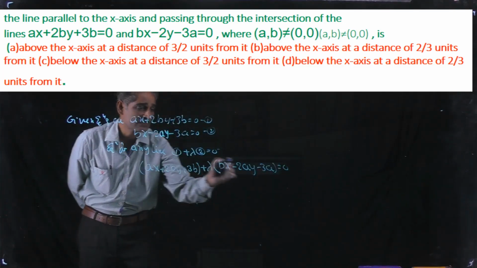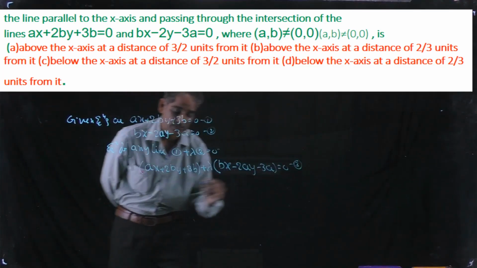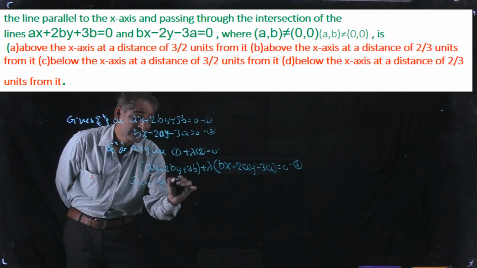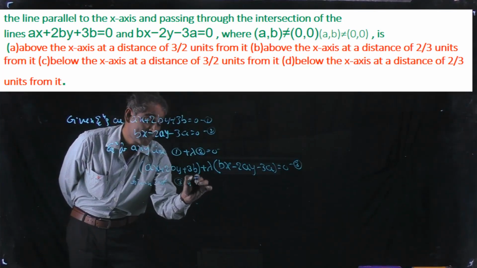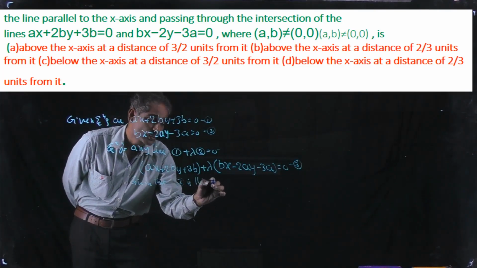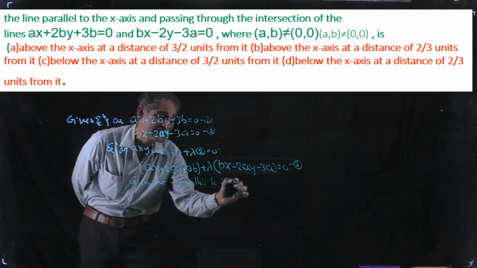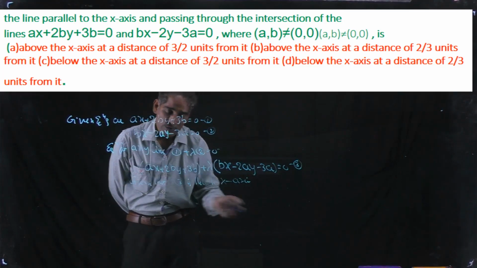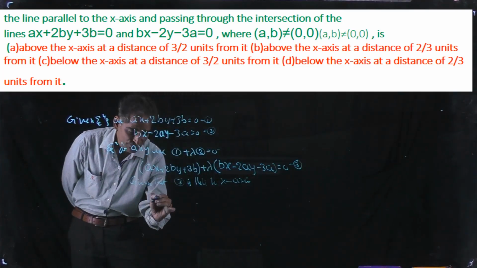So let us take this equal to 3. Given that 3 is parallel to the x-axis, parallel to the x-axis means the x coefficient is 0.